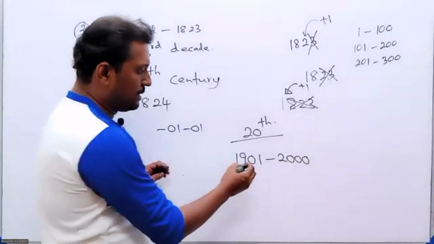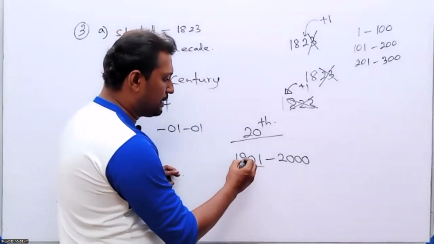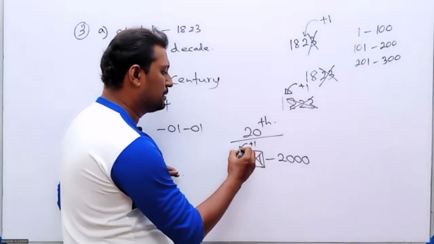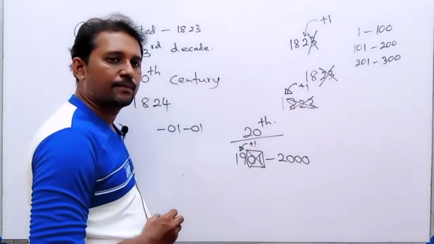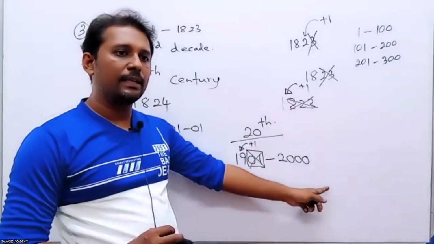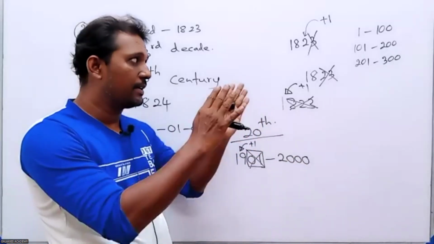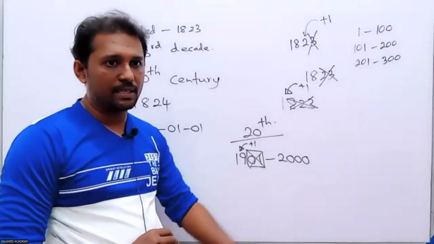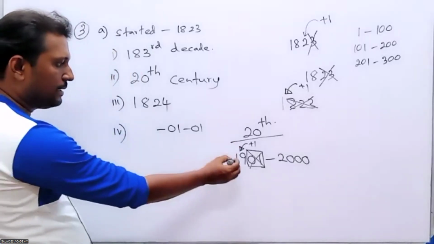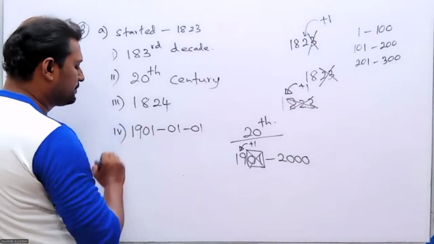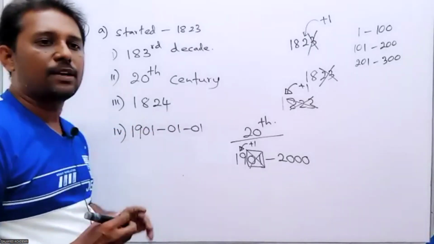Right, if we remove these two digits and add one, it becomes the 20th. The ending year should be 2000, because a multiple of 100 is the year that ends a century. So what is the starting year? 1901, 1st of January.